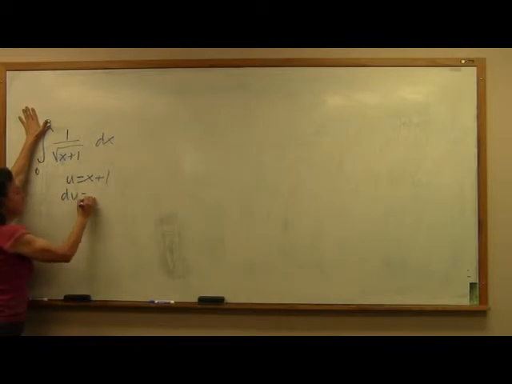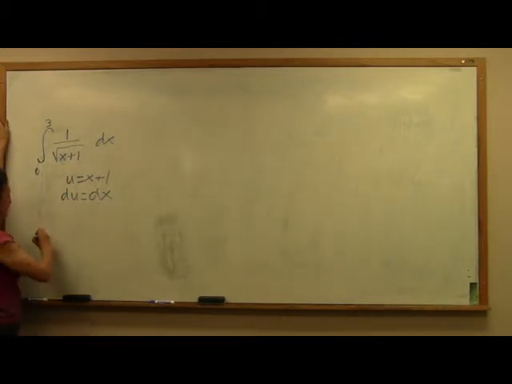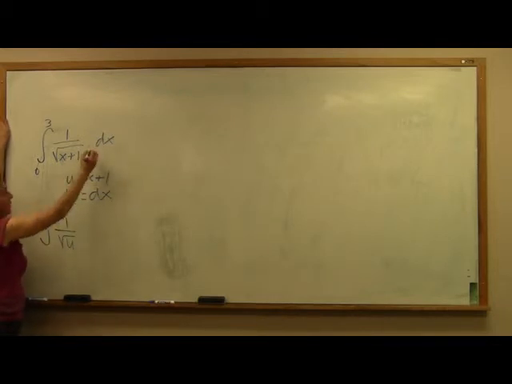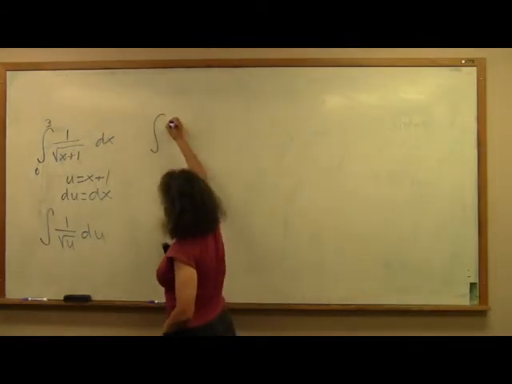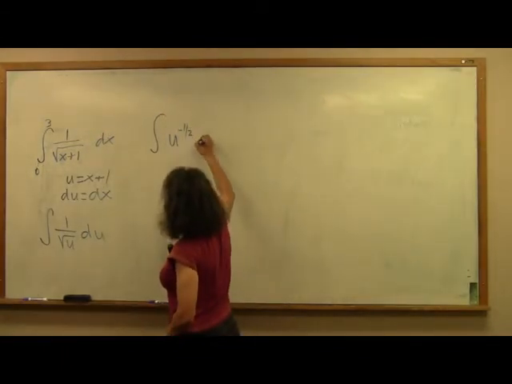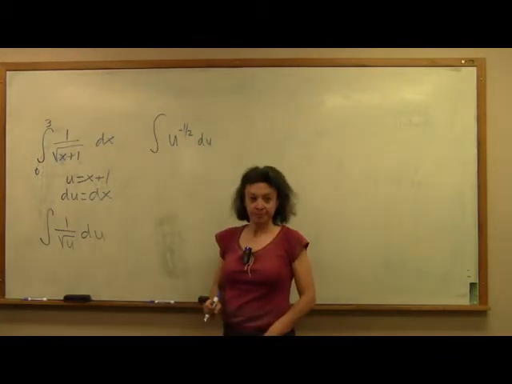Then du is equal to 1 dx. Okay? So, don't we have 1 over the square root of u? And then in place of dx, we write du. So what we need to do now is write that as u to the negative 1/2 du.